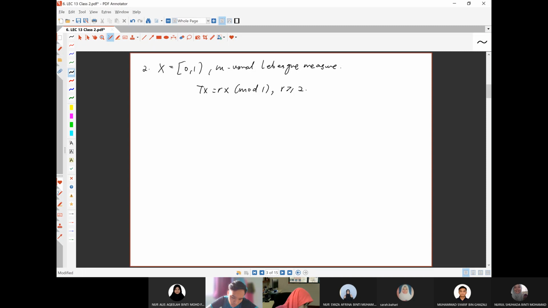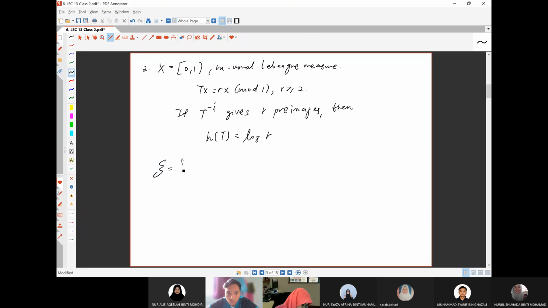If T inverse of I gives r pre-images, then you find that your h(T) equals log r.